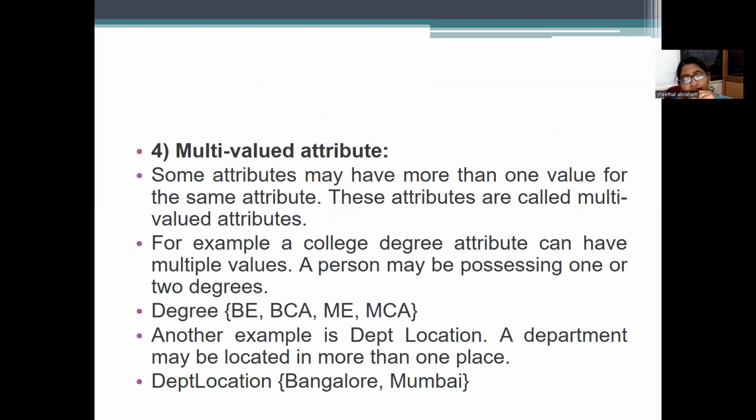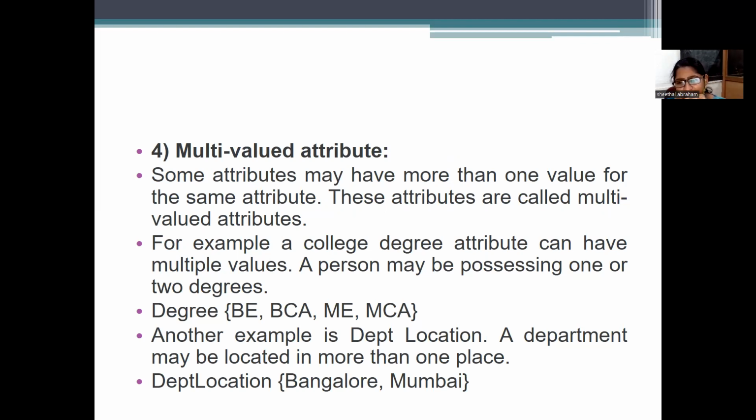Next one is the multi-valued attribute. Some attributes can have multiple values, more than one value for the same attribute. These attributes are called multi-valued attributes. For example, consider a college degree.